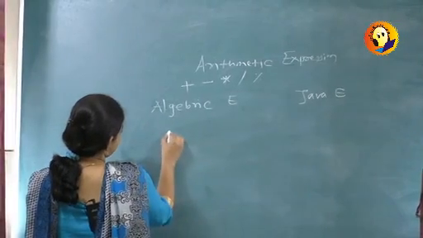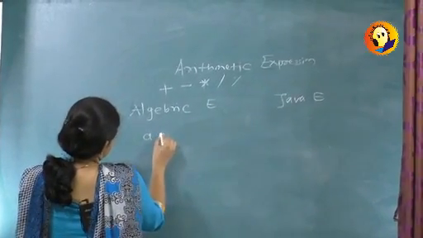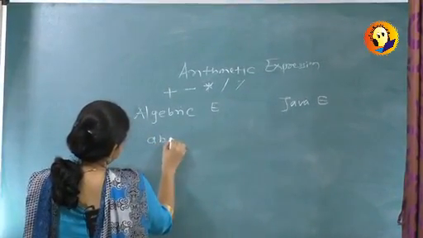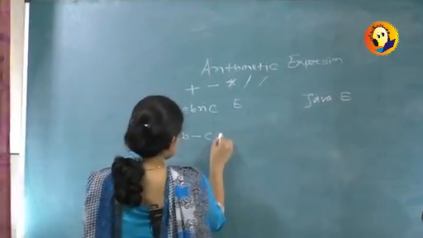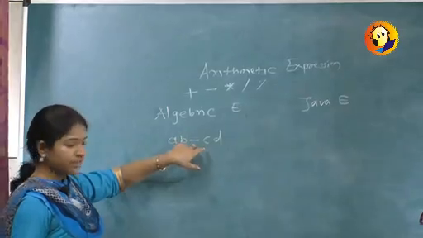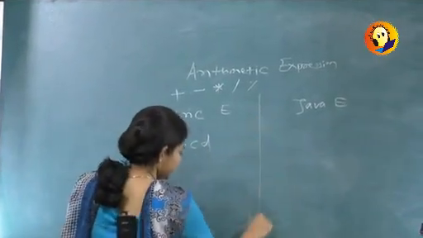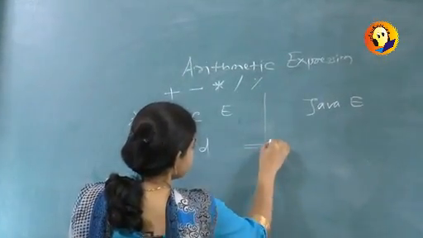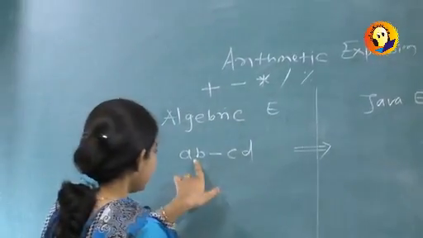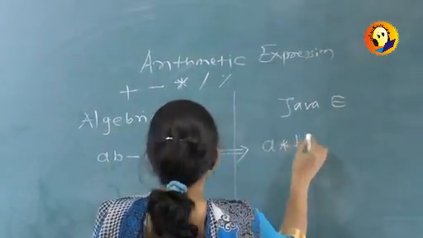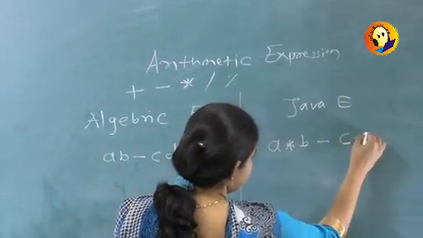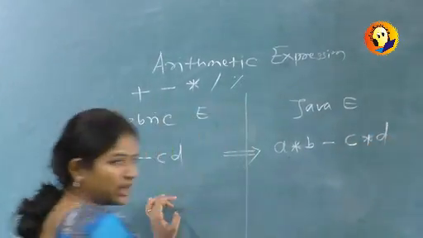Let's consider one algebraic expression: AB minus CD. How is this represented in Java? AB is nothing but A multiplied by B, and CD is represented as C multiplied by D.